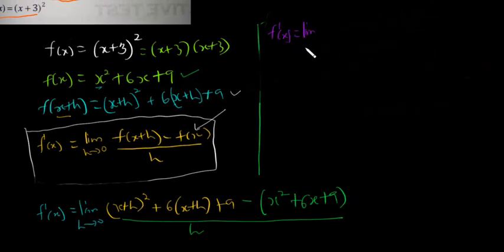So f prime of x is the limit as h goes to 0. And let us expand this. If you have x plus h to the power 2, that will be x squared plus 2xh plus h squared. If you don't know how to expand a binomial to the power 2, let me show you. It is very simple.